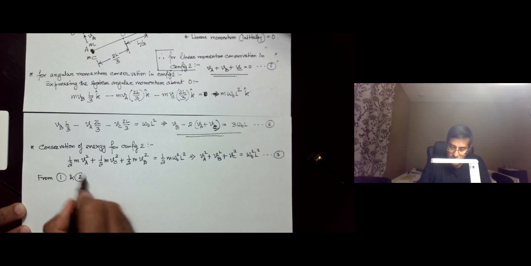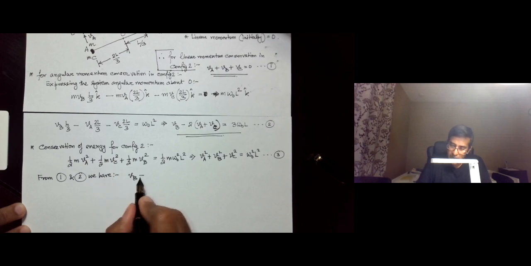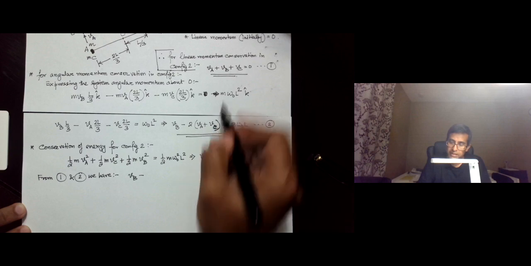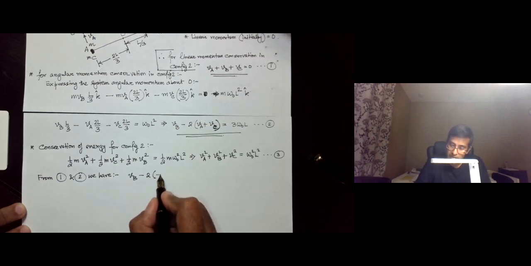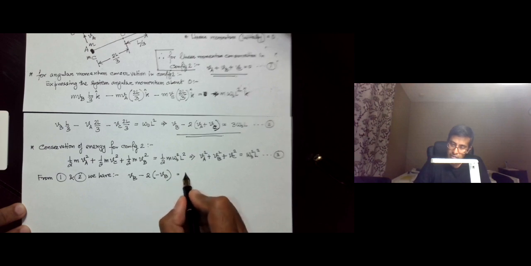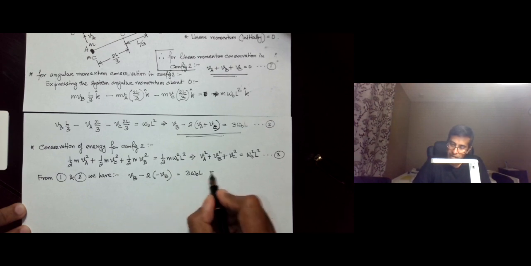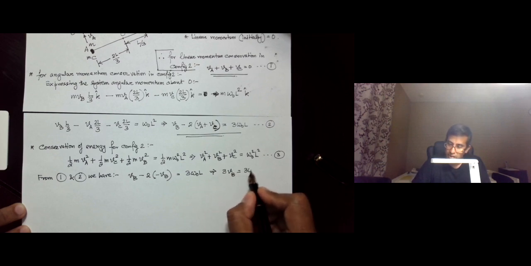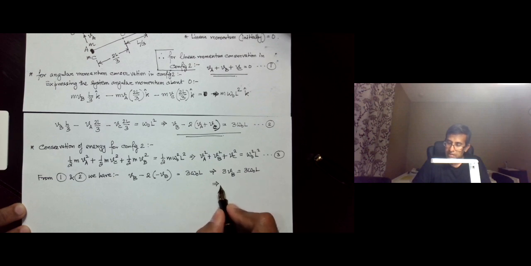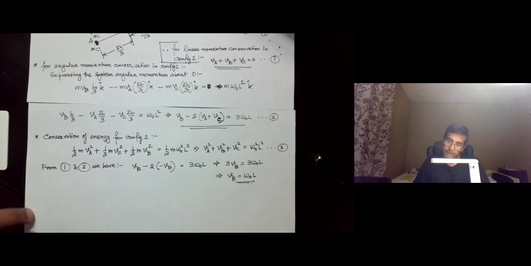So from 1 and 2 we have VB minus (minus VB) is equal to 3 omega naught L, which basically says that 3 VB is equal to 3 omega naught L, so VB is equal to omega naught L. So that is the solution for B.